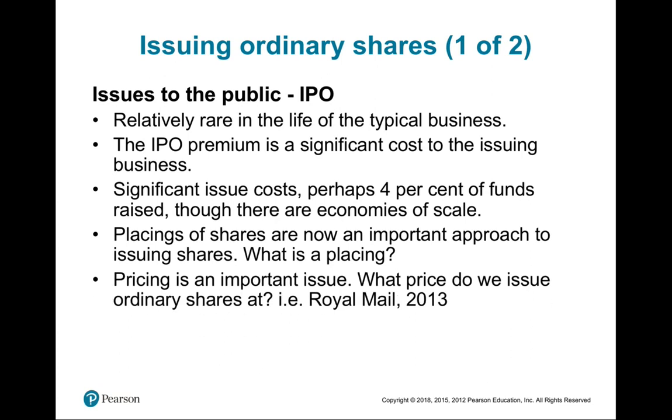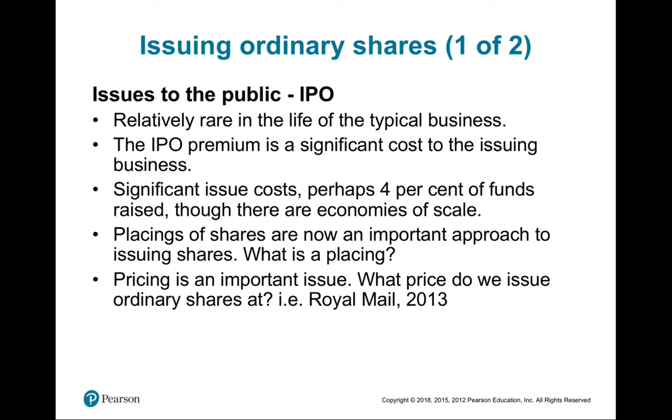A very important aspect in the context of an IPO is pricing. And the question then becomes, if a business is going to offer shares to the general public, and it hasn't done that previously, what price does it issue those shares at? So again, Royal Mail had quite an issue in 2013 with trying to determine at what price they should be selling their shares because they'd never done it previously.